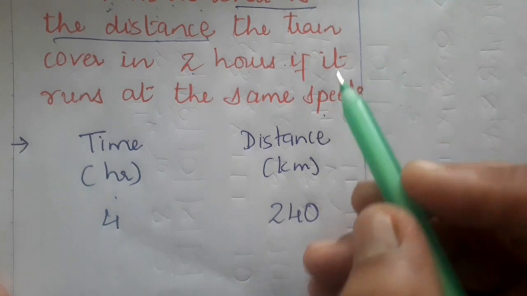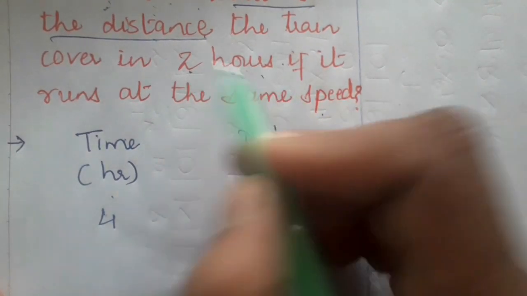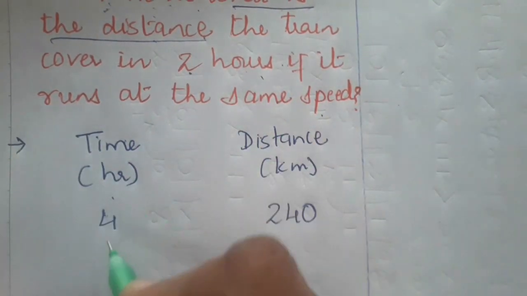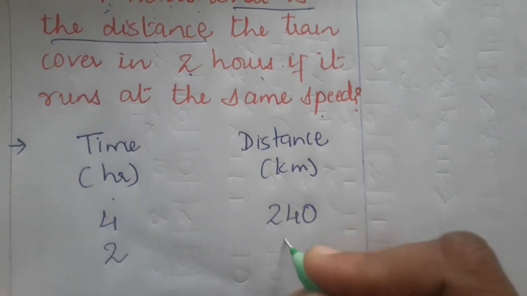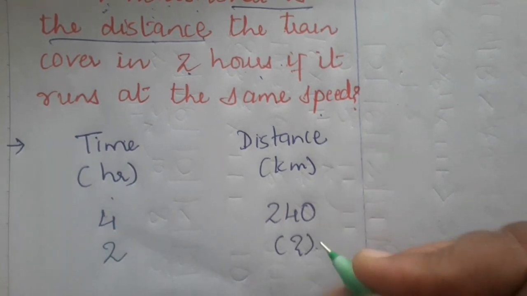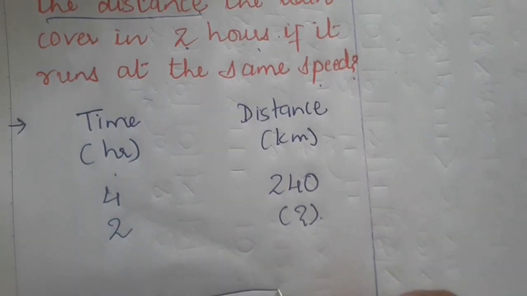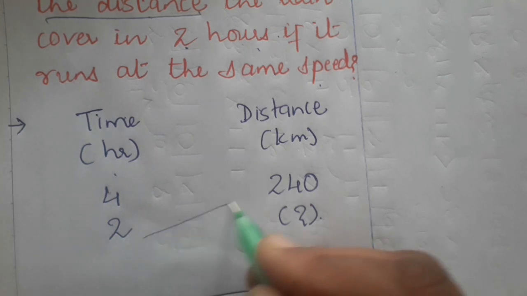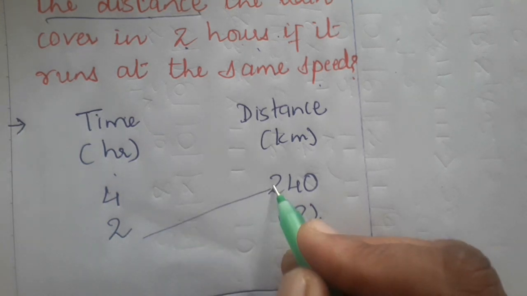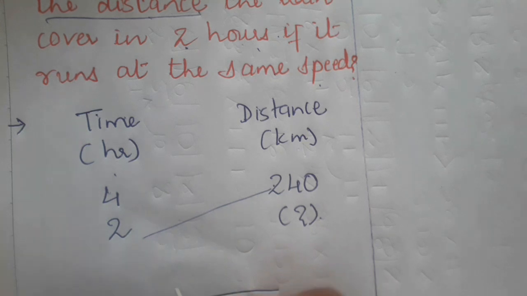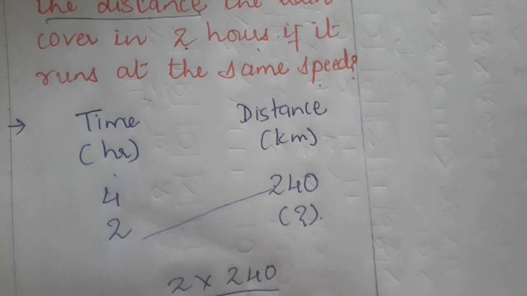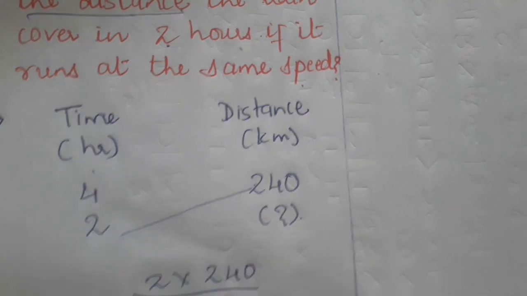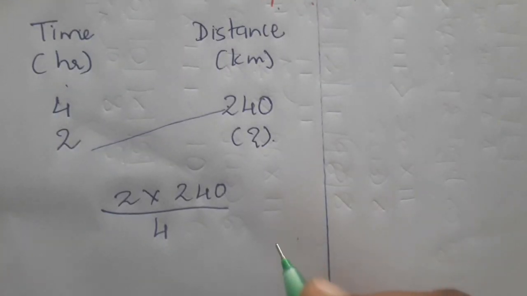Okay, and then 2 hours, in 2 hours how much distance is covered? So 2 hours it will come here, and here question mark. Fine. Now what will be your numerator? As I said, these 2 terms will be your numerator. That is, you may write 2 into 240 divided by 4.